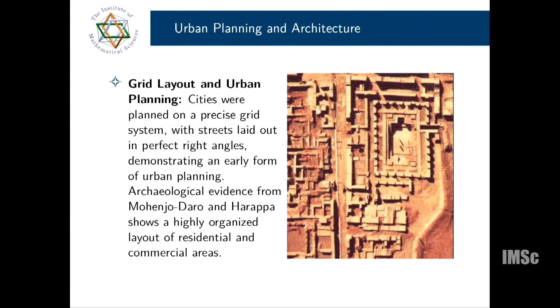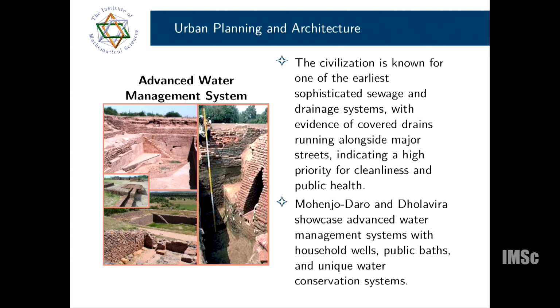So you can think that maybe they had a highly organized way of thinking about this whole infrastructure. The drainage system is one of the well-known features of that time.